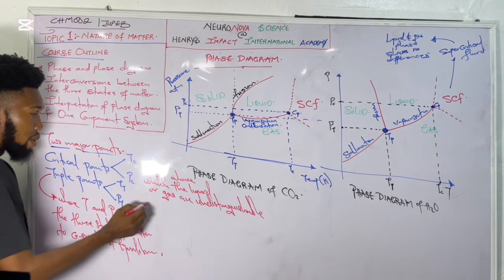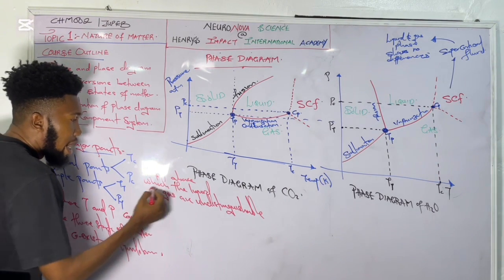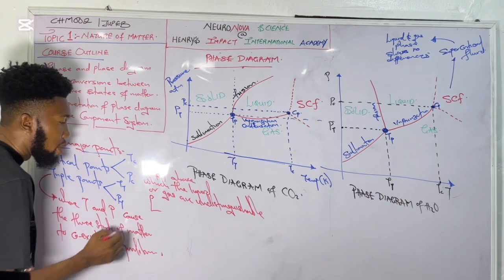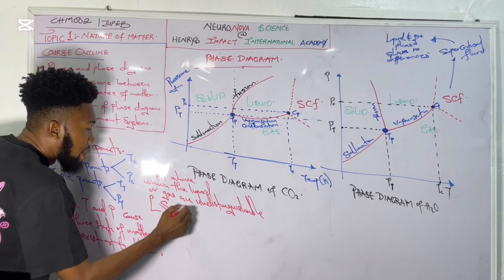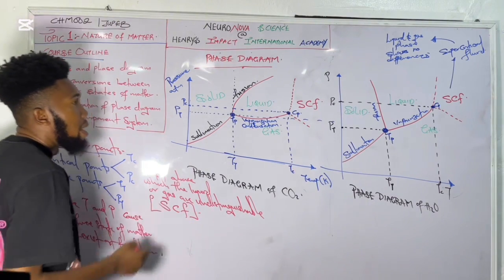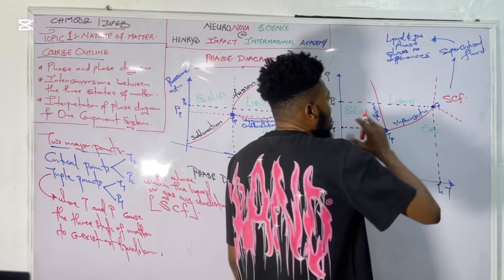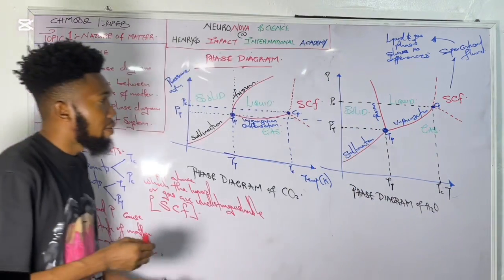Are you getting me now? And this state where they are indistinguishable is what we call supercritical fluids. So they become supercritical fluids. So basically, that is it about the phase diagram.